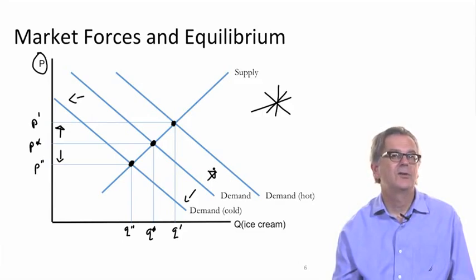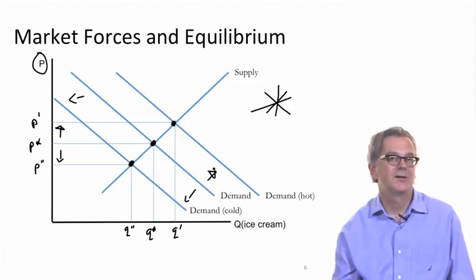In reality, we don't see price changes as frequent as this type of theoretical analysis might suggest. Pretty sure the price of ice cream a month ago, 2 months ago, is probably not all that different from the price of ice cream today, though I'm pretty sure the temperature today is probably different to what it was 1 month ago or 2 months ago.